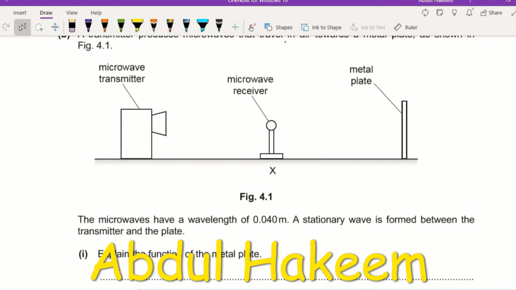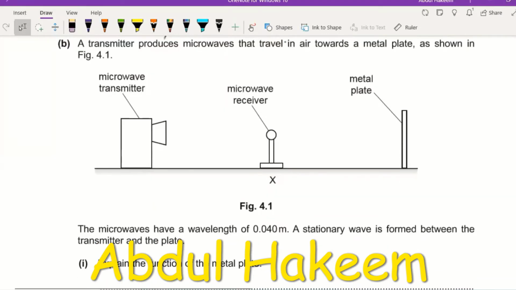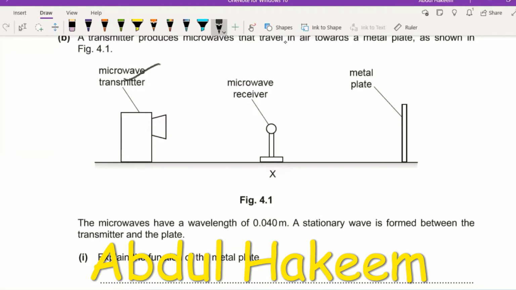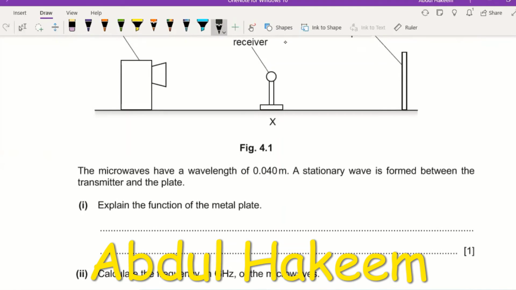Now, the next is a transmitter produces microwave that travel in air towards a metal plate as shown in the figure. This is the transmitter, this is the reflector metal plate, and this is the receiver. The microwave have the wavelength of 0.04 meter, mean 4 centimeter. A stationary wave is formed between the transmitter and the plate.